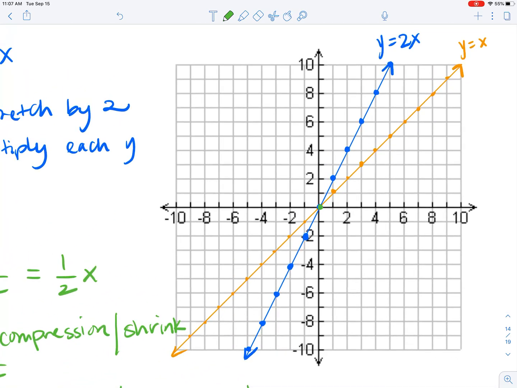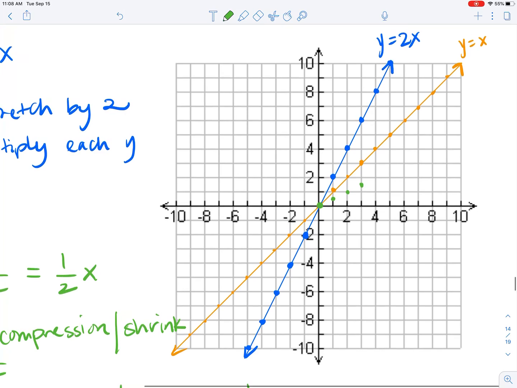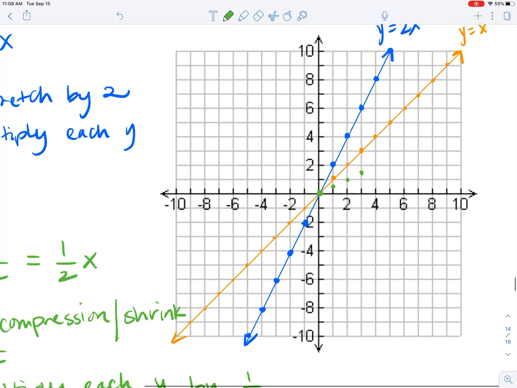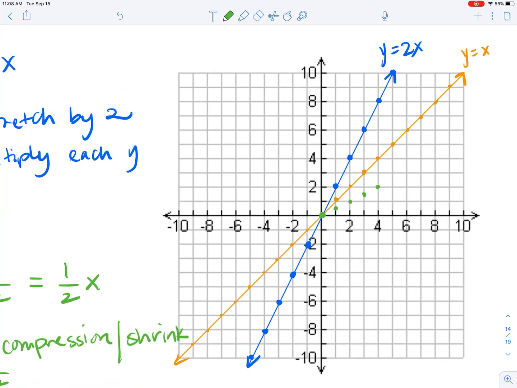Referencing the parent function again, (0, 0) would stay the same. However, (1, 1), when we multiply the y-coordinate by 1/2, would be at (1, 1/2). (2, 2) would end up at (2, 1). (3, 3) would end up at (3, 3/2). (4, 4) would end up at (4, 2), and so on.